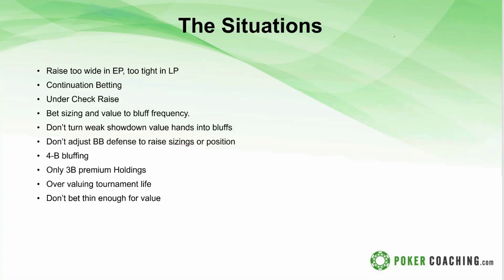Don't turn weak showdown value hands into bluffs. Don't adjust the big blind defense to raise sizings or position. 4-bet bluffing, only 3-bet bluffing, or only 3-betting premium holdings. Don't bet thin enough for value. And then I kind of threw one out there at the end. We'll talk about it if we get to it.